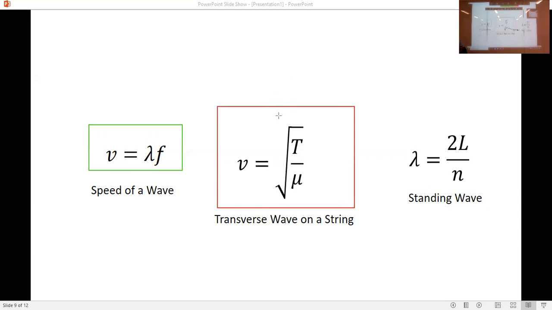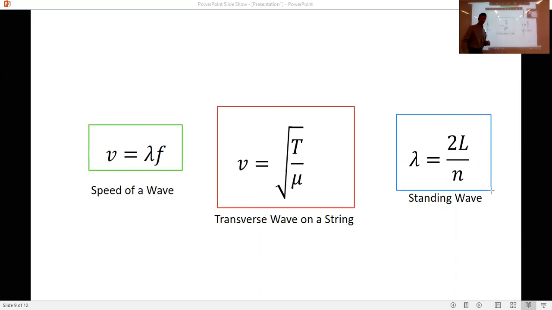Again, I'm not going to draw that out, but let's use a different color here for our last equation. And again, for standing waves, we've already said this. The wavelength of the standing wave is going to be twice the length of the string divided by n. So in this lab, we're actually going to combine all 3 of these equations.